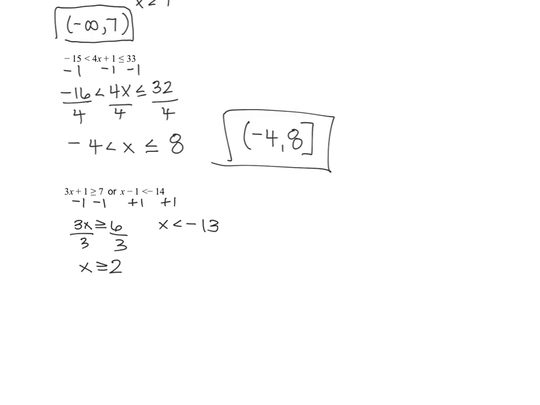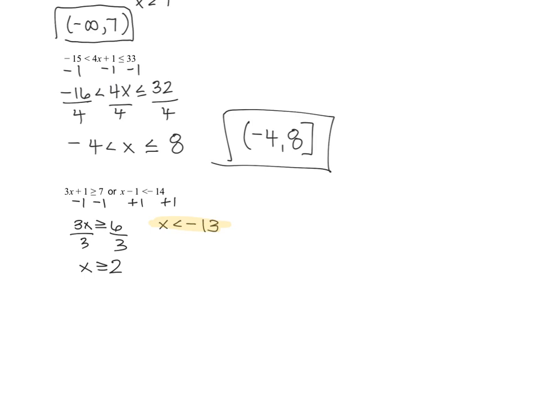Now in this case, because it's an "or," both inequalities don't have to be true in order for there to be a solution. As long as I have a number that's less than negative 13 or greater than or equal to 2, at least one of my inequalities will always be true. Remember, when writing interval notation for "or," we always write two intervals, and we always start with the interval that contains the less than inequality.